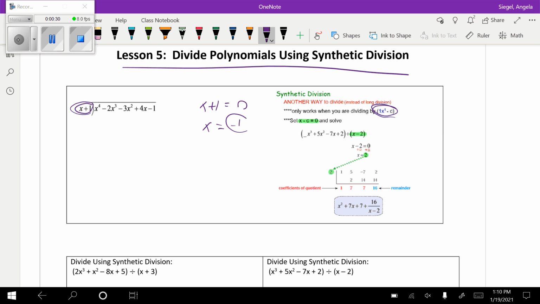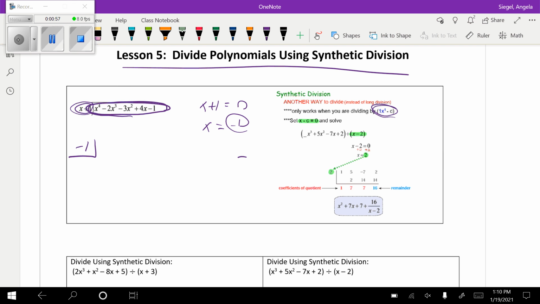We are going to put this number in a box, so it looks like that. This process is going to seem really weird, but once you get used to it, it is amazing. Okay, so we put that number in the box, and then we're going to put all the coefficients of each of these terms here. If it's missing, if it skips from 4 to 2, we have to put a 0, just like we did in yesterday's lesson.